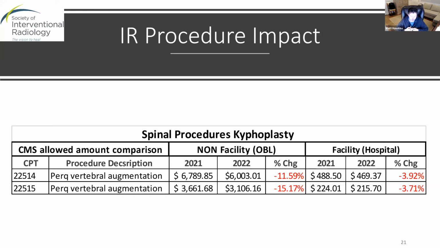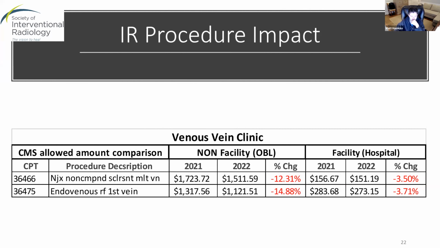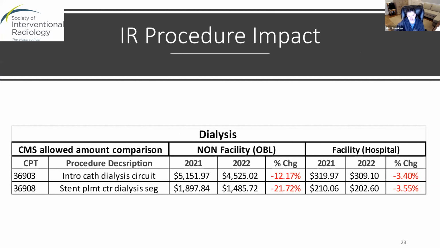These are a couple codes for kyphoplasty, vertebroplasty in the office-based setting. If you look in the non-facility column, the OBL, the percent change, you're just going to see a lot of red here as I go through a couple of these codes. So greater than 11%, 15% reduction in practice expense in the office-based setting for that. Vein, if anybody does vein work, vein centers are looking at 12% and almost 15% reductions in practice expense in the office-based setting.